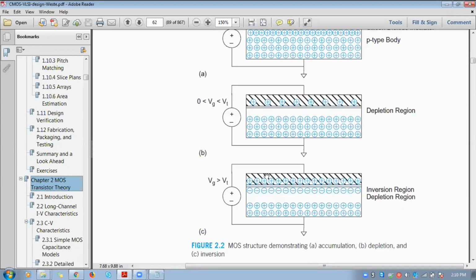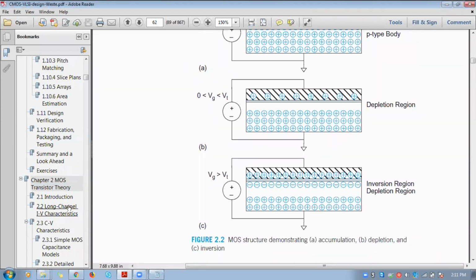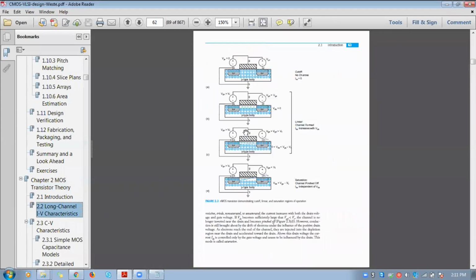So these are all the initial conditions we have to understand. We have to activate the transistor initially in the inversion region by making the gate voltage above the threshold voltage. That was the first thing we have to understand.